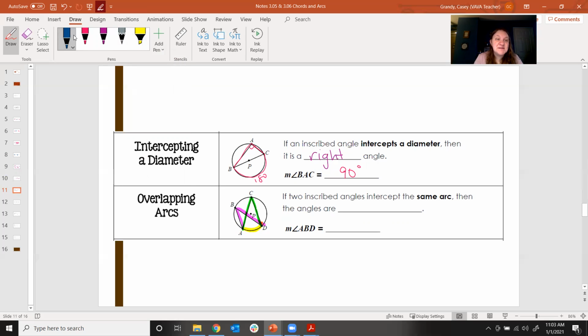So if they're intercepting the same arc, then those two angles have to be congruent. So the measure of angle ABD has to equal the measure of angle ACD also. And both of those will be equal to half of the measure of arc AD, since that's the intercepted arc.